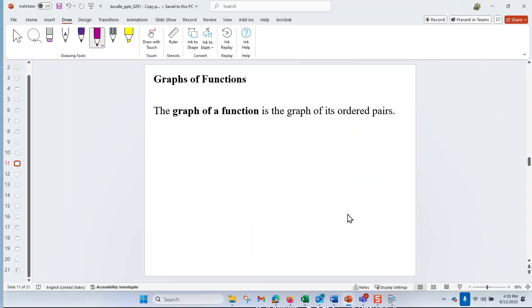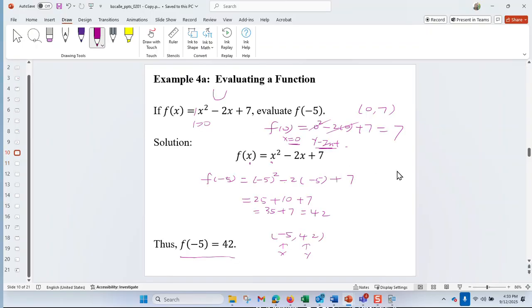So you can graph the function using the ordered pairs. How do you graph this one by hand? When x is 0, y is 7, so you count 2, 4, 6, 8, and 7 will be right here. That's a point.